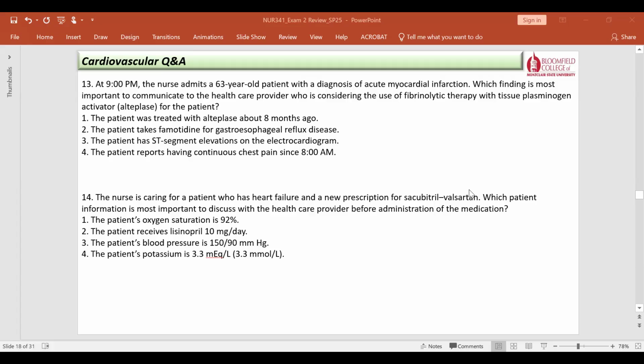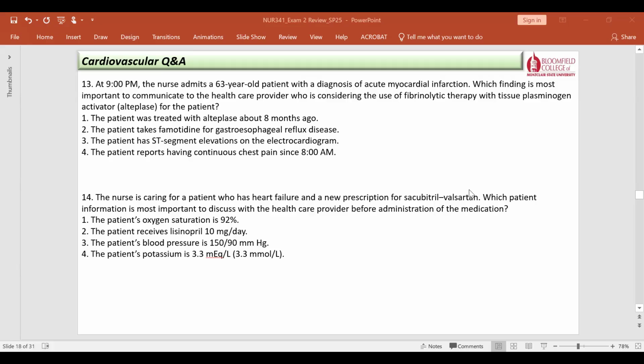So for this specific question, which patient information is most important to discuss with the PCP? Is it 2? Yes, two. Because lisinopril is an ACE inhibitor, and the ARB is going to increase the risk of angioedema in patients already on ACE inhibitors.